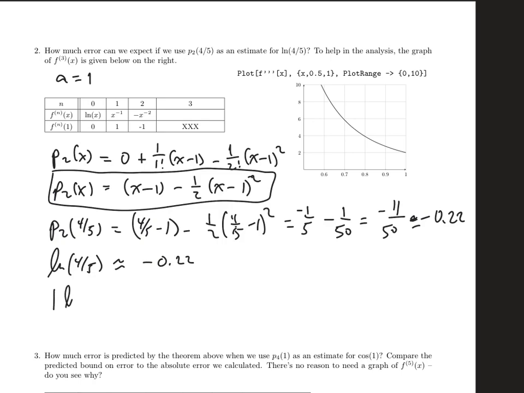The error, the absolute error, would be the absolute value of the difference between these two, an absolute value measuring the difference.